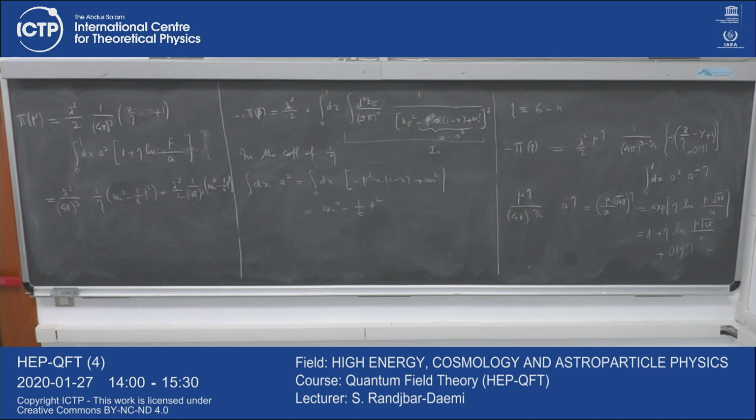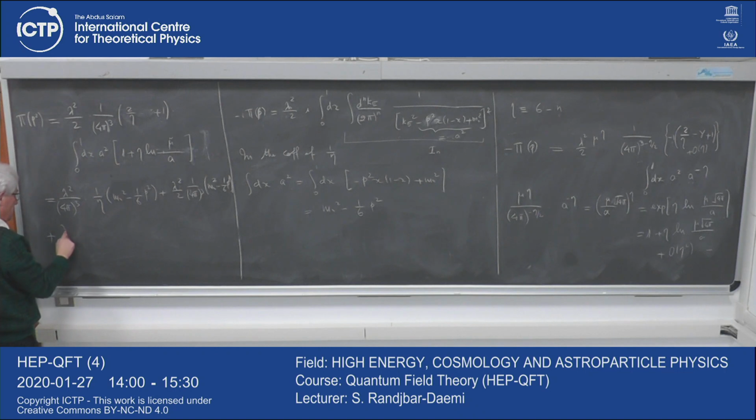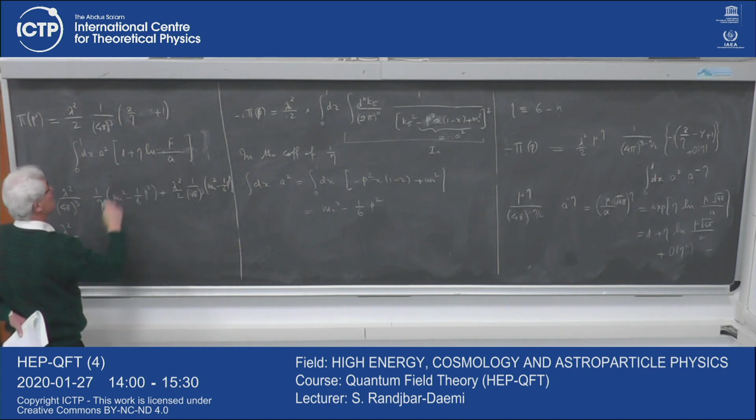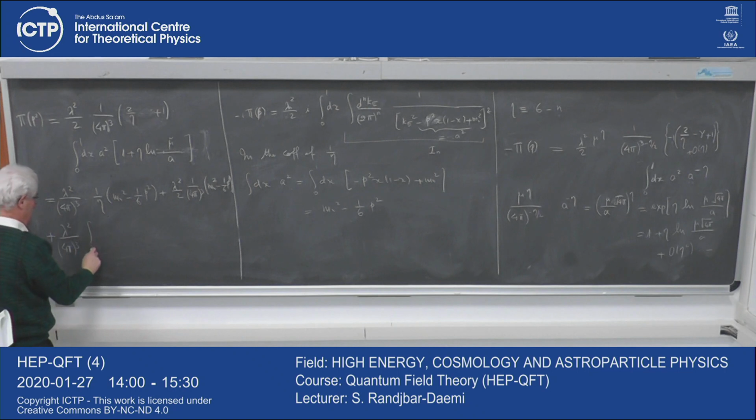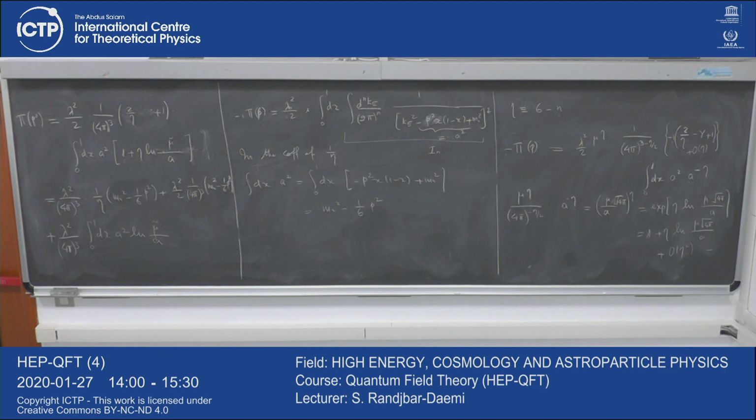What other terms are independent of eta? Clearly, if you multiply this term with this term, the 1 over eta from there will cancel the eta from here, and you will get an eta independent term. The 2 from there will cancel the 2 from there. Therefore, we will get lambda squared divided by 4 pi to the power 3. The etas will disappear, and we will get the integral from 0 to 1 of dx A squared log of mu tilde divided by A. That's it.